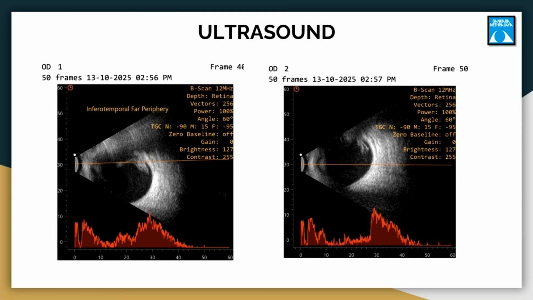But it need not be elevated to such a high level at a stage when the patient has just presented. It's only after some time has elapsed and it has become scarred or fibrotic partly that you start having this kind of highly echogenic lesion. Otherwise, clumps of exudates don't produce that kind of high reflectivity and irregular jagged edge. So that's one important reason why we were thinking about other possibilities.